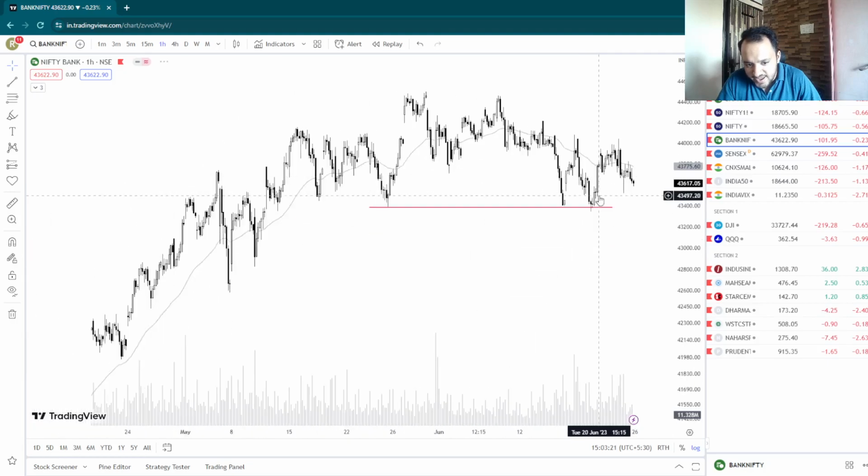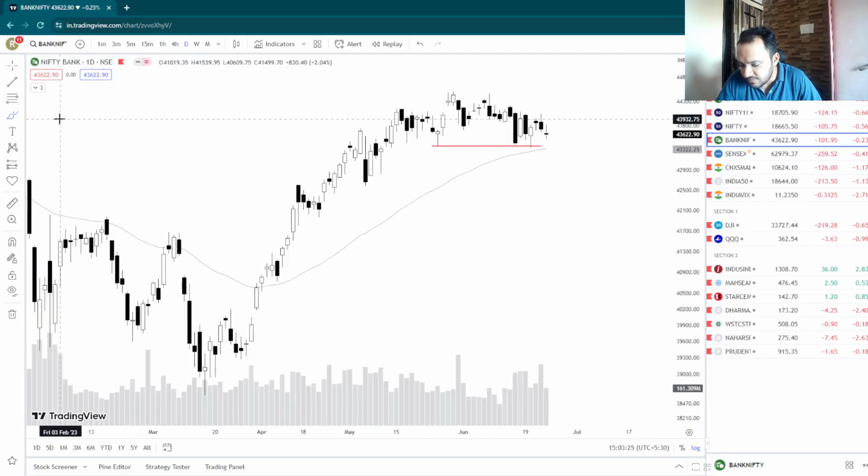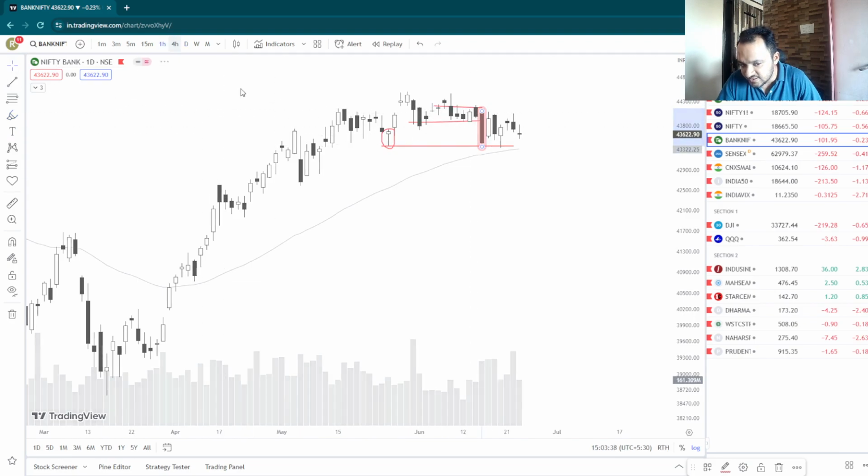Now, Bank Nifty, what did we talk about when we were talking about Bank Nifty? If you see again, this is the demand zone which we were focusing on, and here I had clearly told you about the weakness in Bank Nifty, and the weakness started to show up quite immediately on the next day itself.